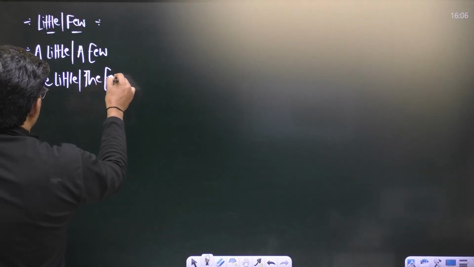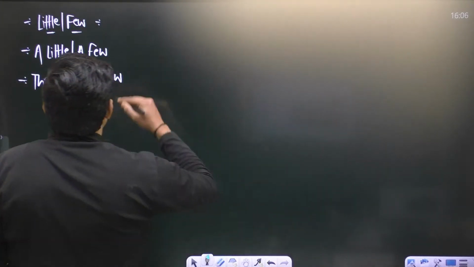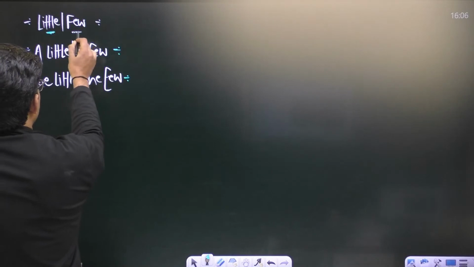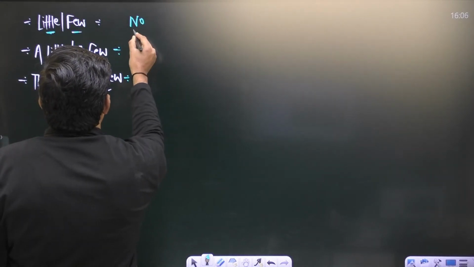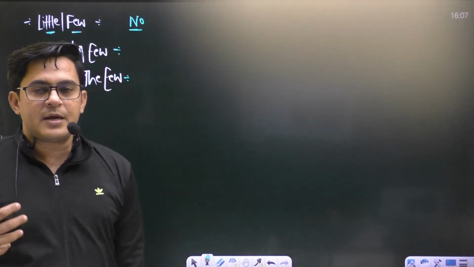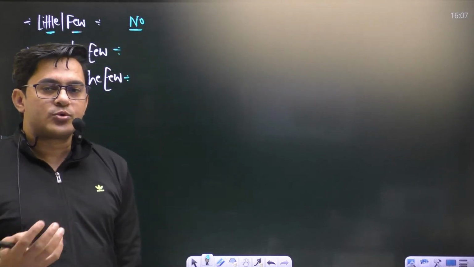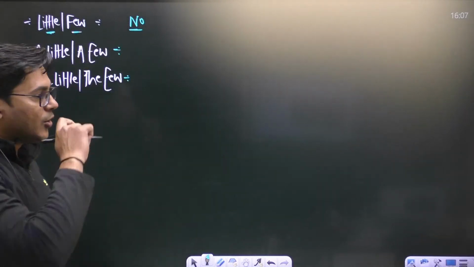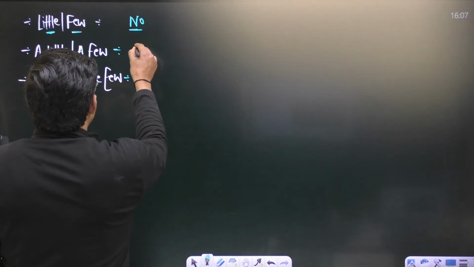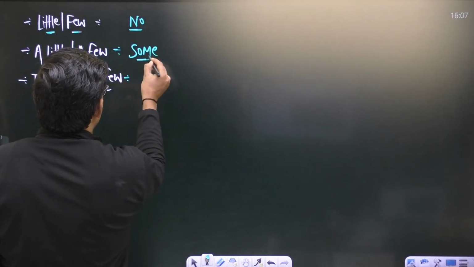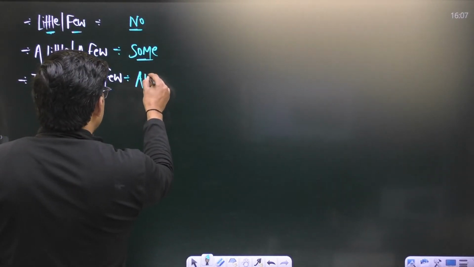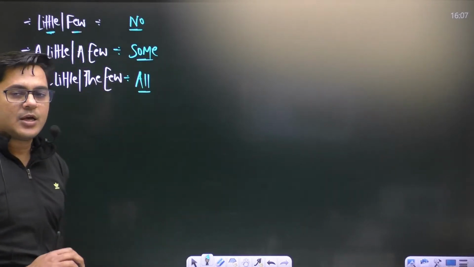Both little and few are used in a negative sense. A little and a few show the sense of some but not much, some but not many, and the little and the few are used to denote all.